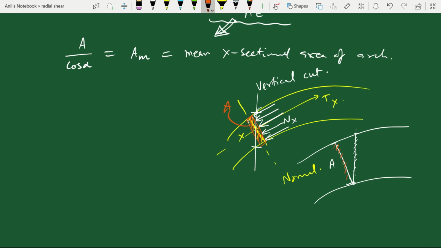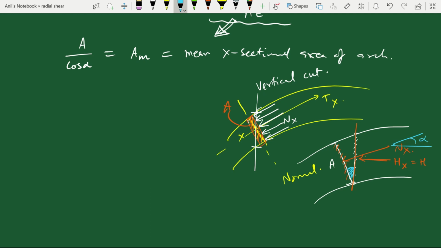So if we compare the two areas, A and this area which is obtained after cutting the arch vertically, there is some relationship between the two. This area on which Nx is acting and this area which is obtained after cutting it vertically, on which Hx, which is horizontal thrust, which is again H, is acting. So they have a relationship between themselves. We know angle of Nx is same as angle of tangent, that is alpha.